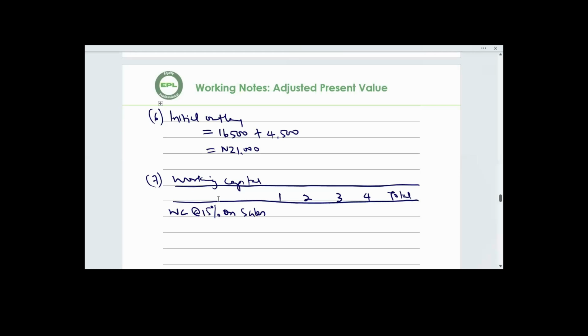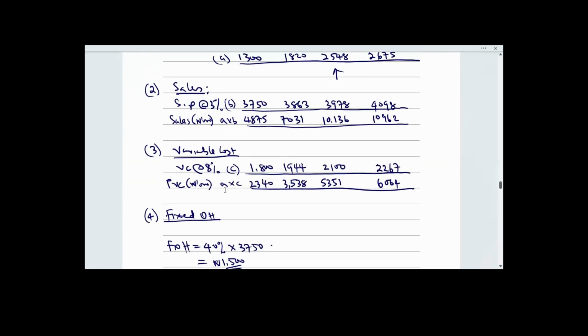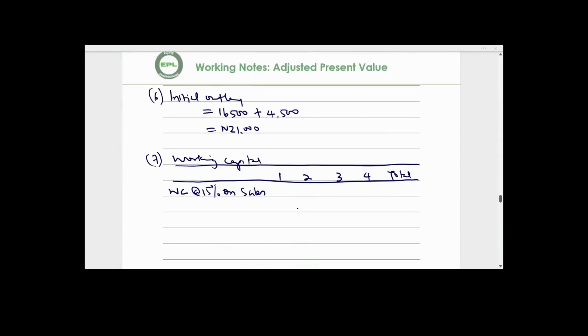The sales of year 1, based on our working, is 4875. Therefore, 4875 multiplied by 0.15 equals 731. Working capital in the first year is 731.